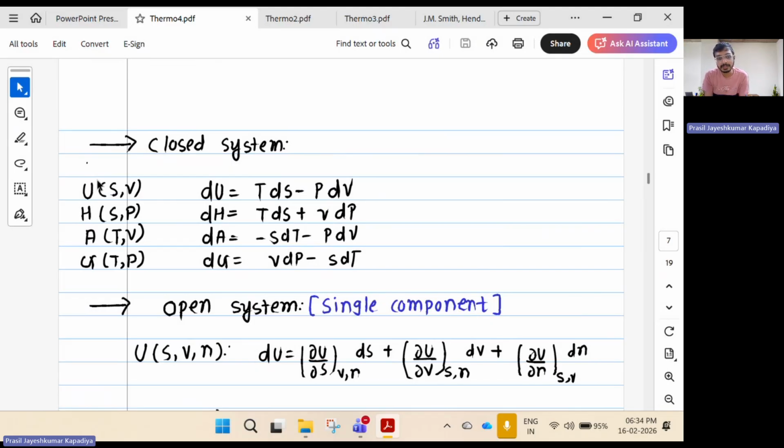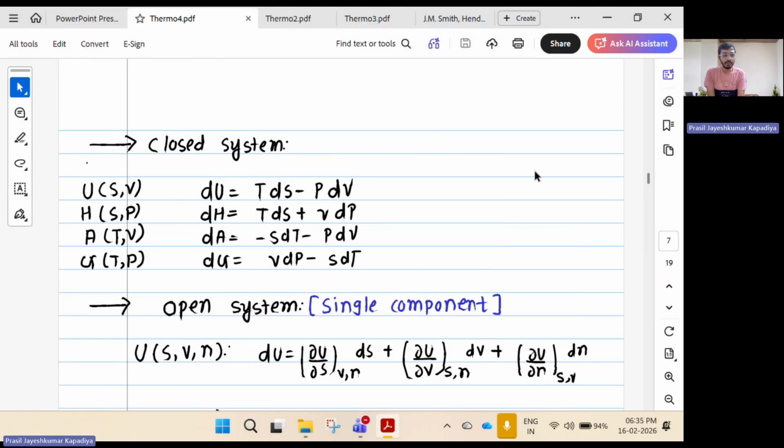Now H is a function of entropy and pressure, and I can write dH as TdS plus VdP. Then A is the Helmholtz free energy, a function of temperature and volume, and I can write dA as minus SdT minus PdV, and Gibbs free energy as a function of temperature and pressure, so I can write dG as VdP minus SdT.